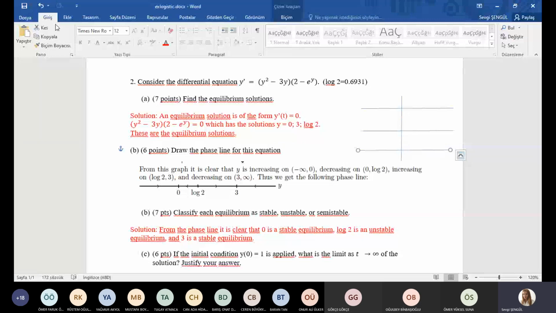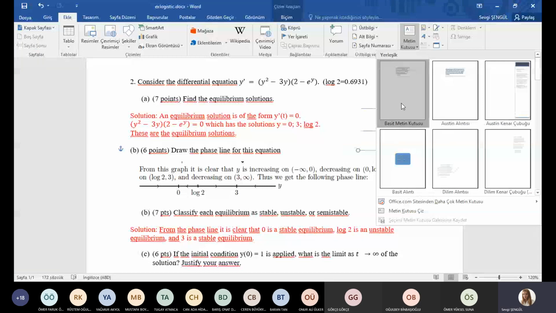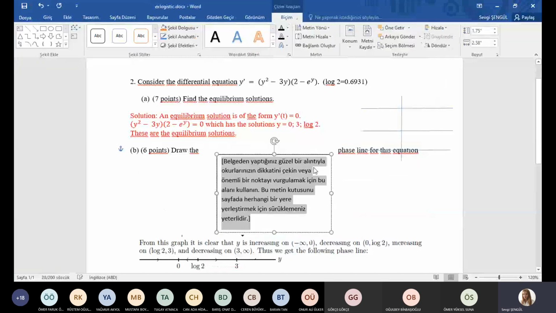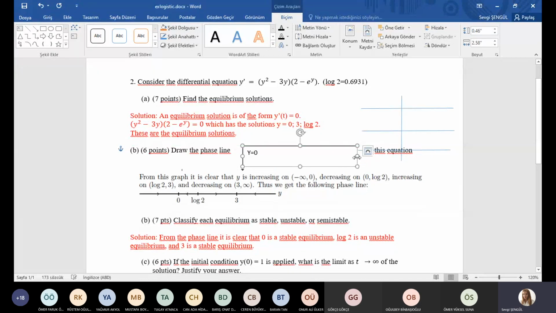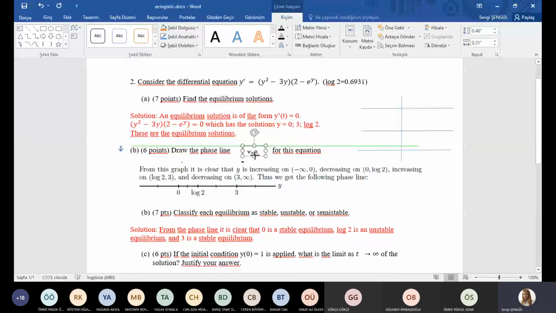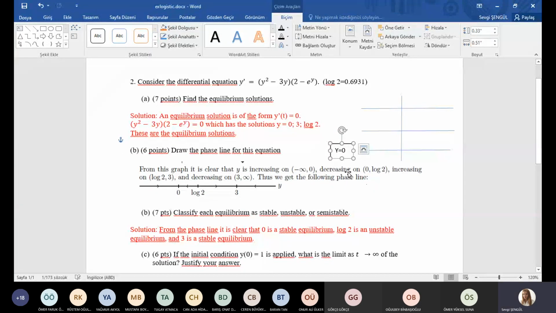This one is what? 0. Let's say that y equals 0.